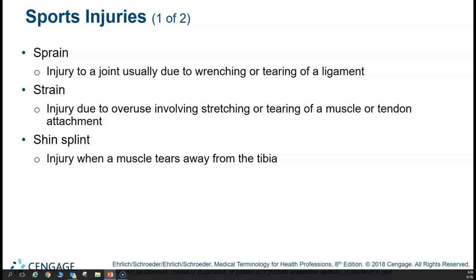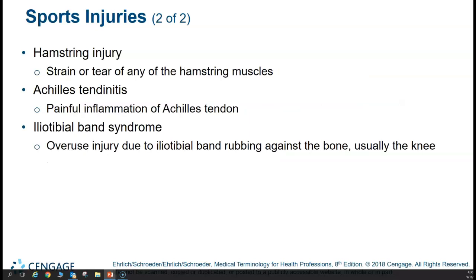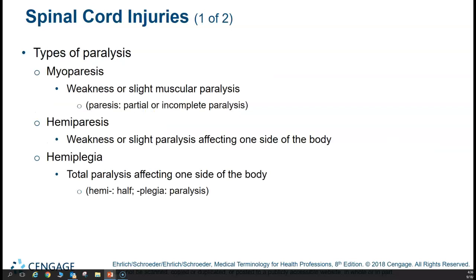And then shin splints is when the muscle tears away from the tibia, and most everybody has had the joy of having that. We can also have a hamstring injury and our Achilles tendon, any of those things that we see, especially in our athletes.